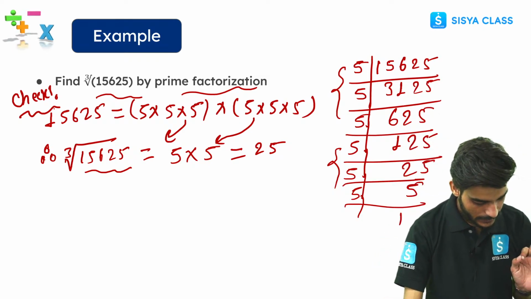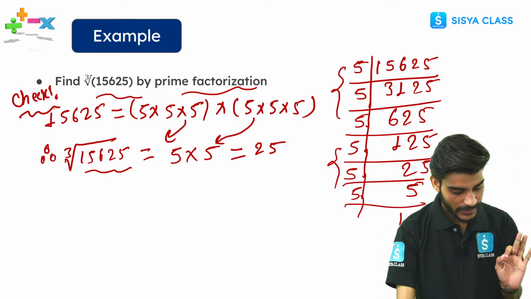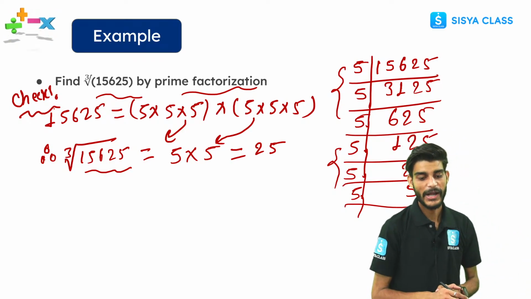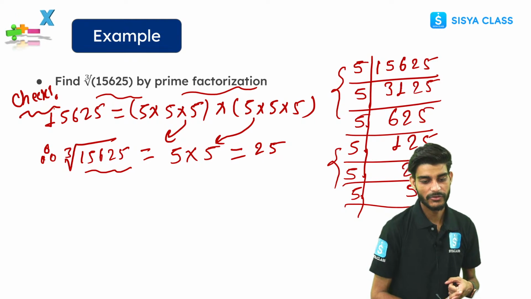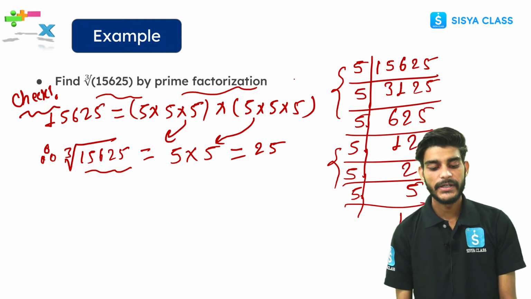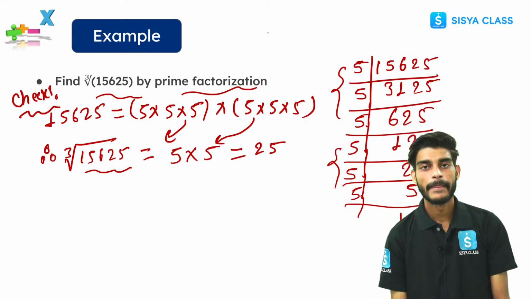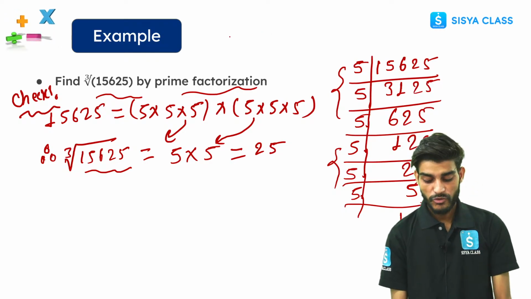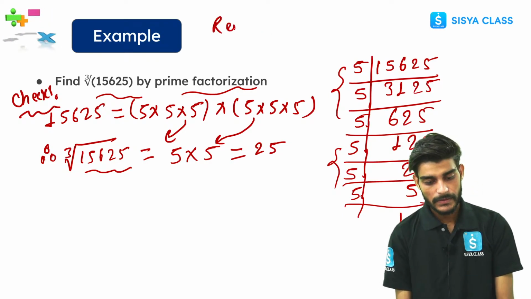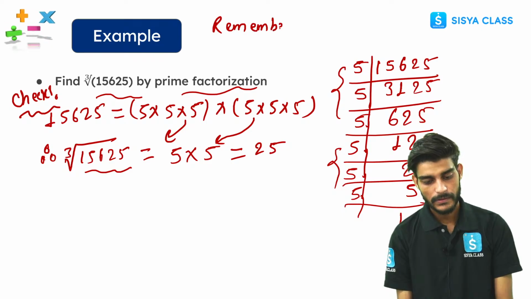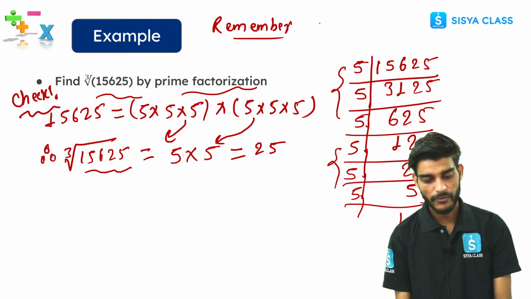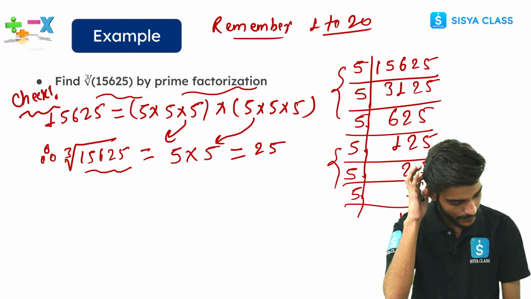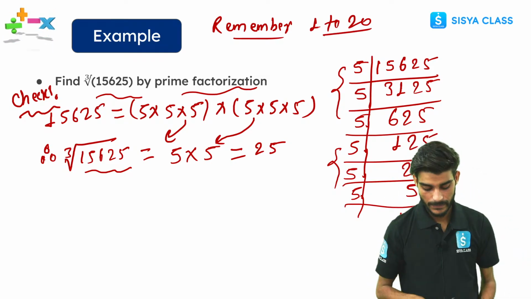So I hope all these questions are clear to you now. Any doubt? Any doubt in cube root? In cubes and finding cube roots, perfect cubes, the prime factorization method, the tricks that you need to remember, like the units digits for any cubes, the mappings that you need to remember from 1 to 9. But most important is to remember cubes from 1 to 20. Okay? Keep in mind.